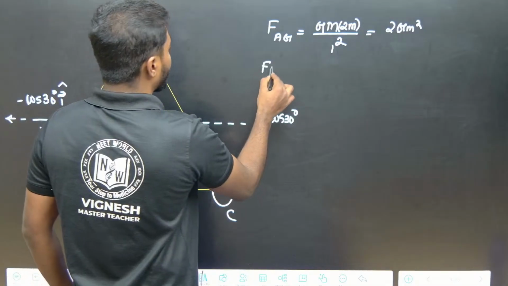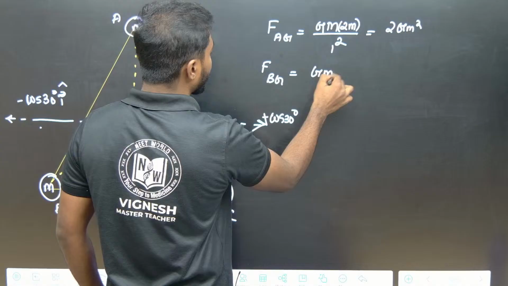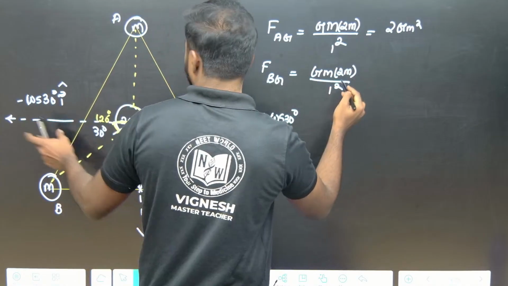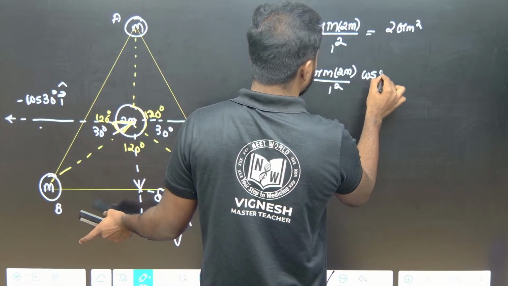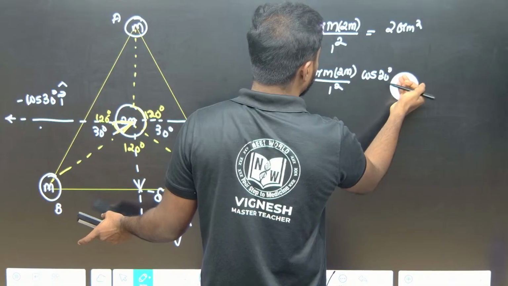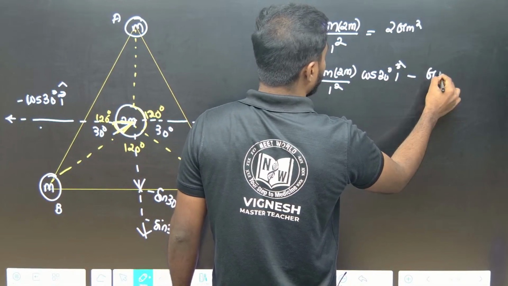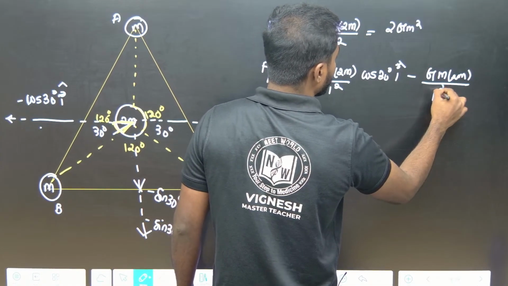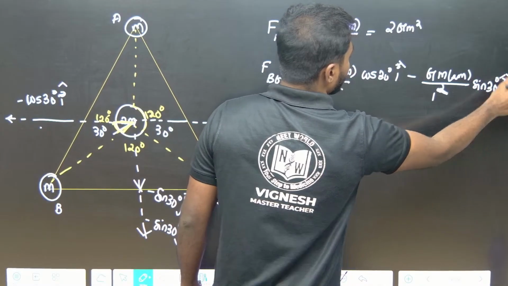So force BG will be equal to G M into 2M divided by 1 square into minus cos 30 degree i cap, again minus G M into 2M by 1 square sine 30 degree j cap.